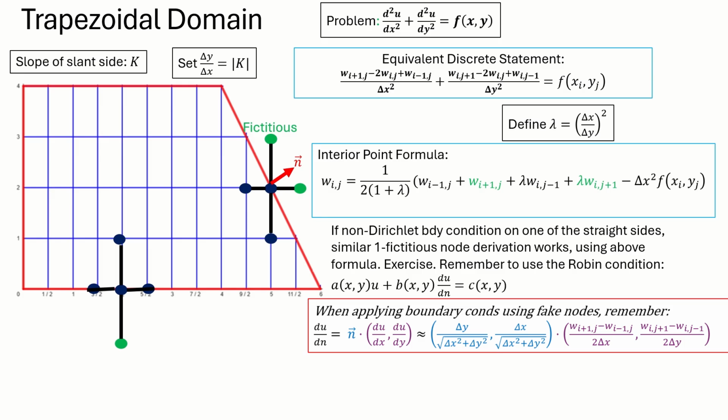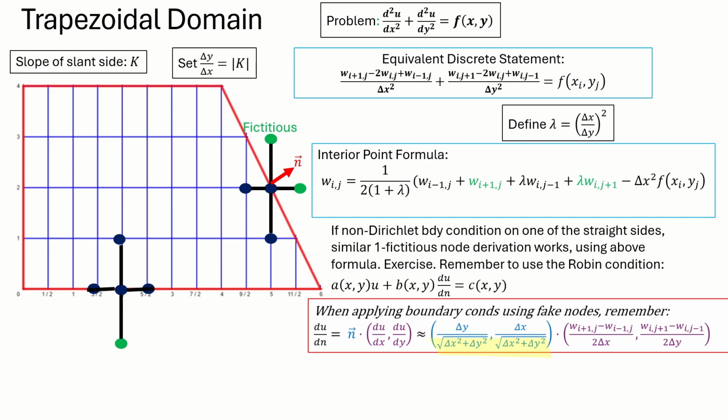We know the slope of the slant side in terms of delta x and delta y. For the example shown on the screen, the slant side has a negative slope with magnitude delta y over delta x, because that's how we chose them. So the outward normal vector will point in the direction delta y, delta x.